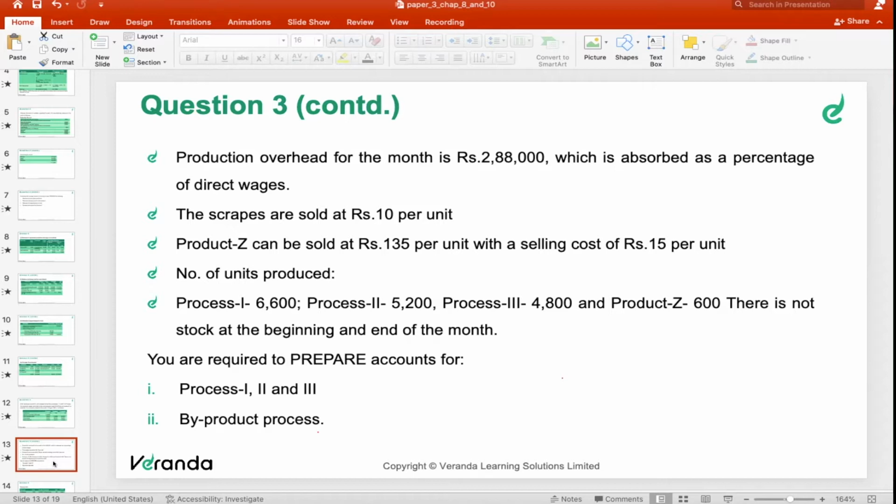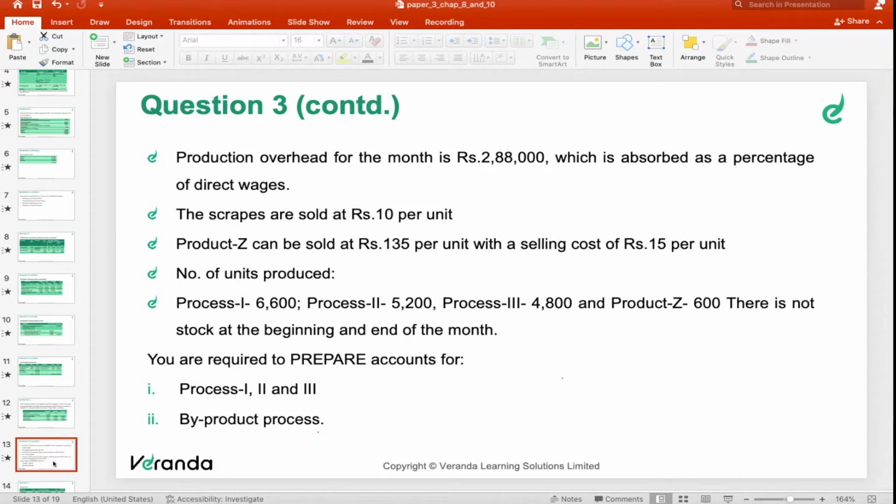Even in this examination, they ask a question based on process costing, that too a compulsory question, a 5-mark question. But this is an RTP based question. Now two methods they merged. One is process costing, another one is joint product and byproduct. With respect to process costing, here our object is mere preparation of process accounts.